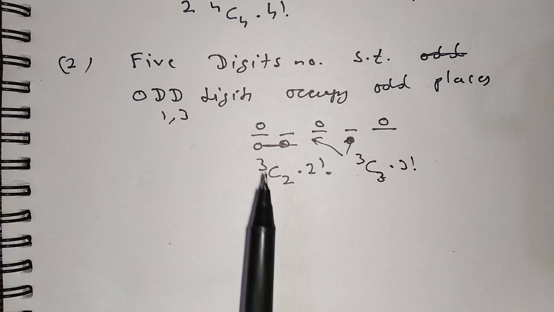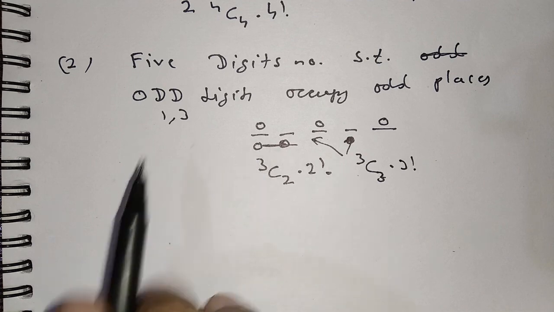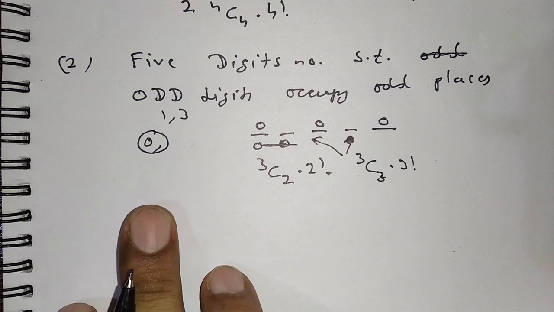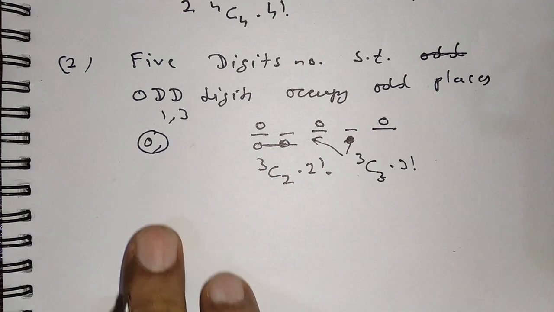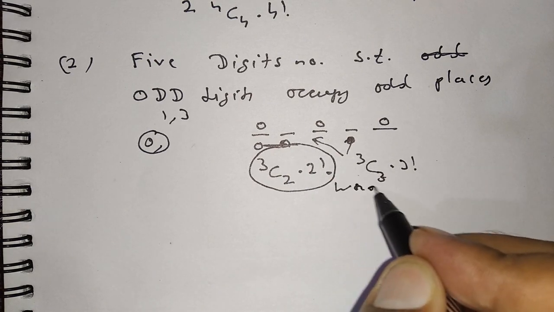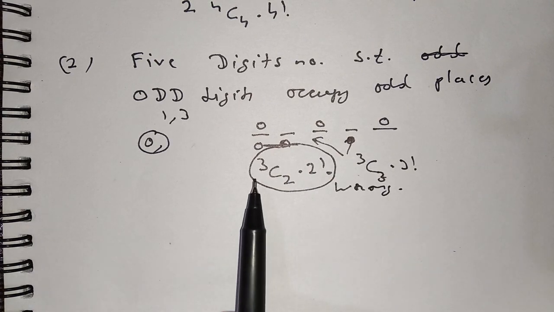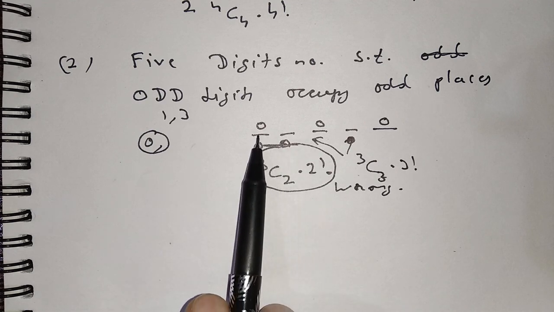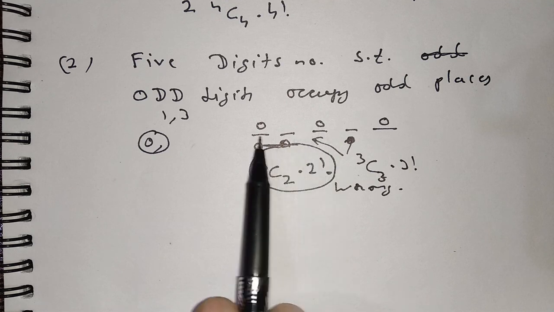But remember, in this question we have 0 as a digit. I told you that in the case of 0 we will take care of special cases. So this answer will be wrong, because if we select 2 places out of 3 places, then we select whether first or third, first or fifth.